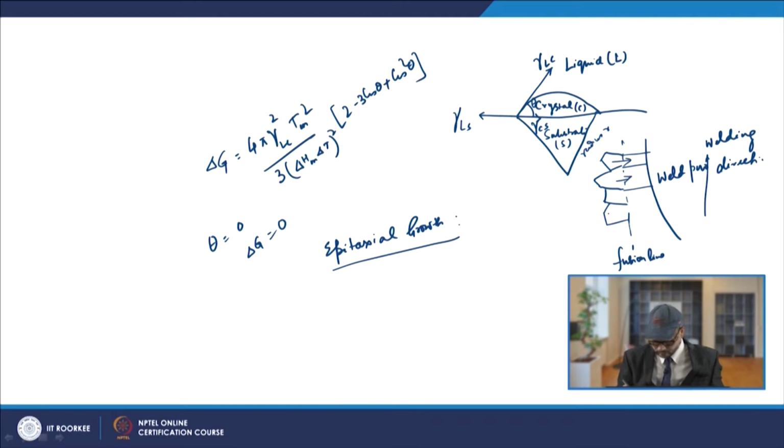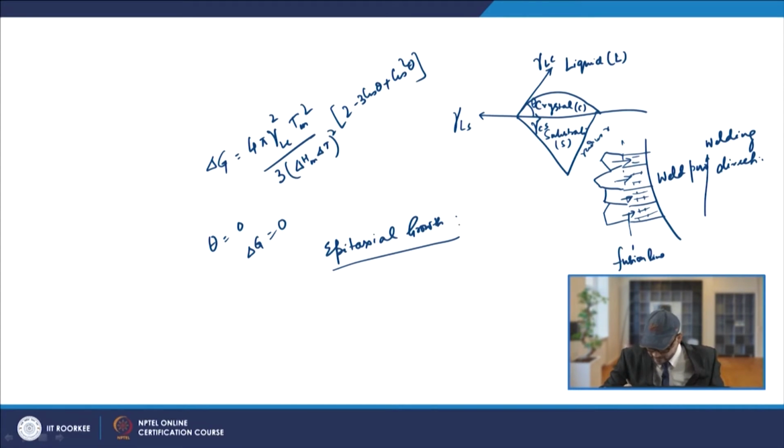What has been seen is that for FCC or body centered cubic structures, the grains grow in this fashion. For FCC or BCC, the preferred directions of growth are basically 1 0 0.